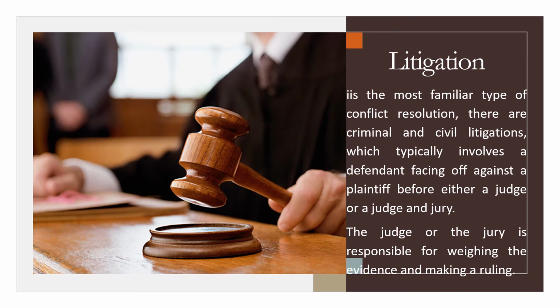The next conflict resolution process we are going to look at is litigation, and this is the most familiar type of conflict resolution process, because it involves a defendant facing off against a plaintiff, either before a judge or before a judge and a jury. So as I've said, the judge, or the judge and the jury, decide the case.